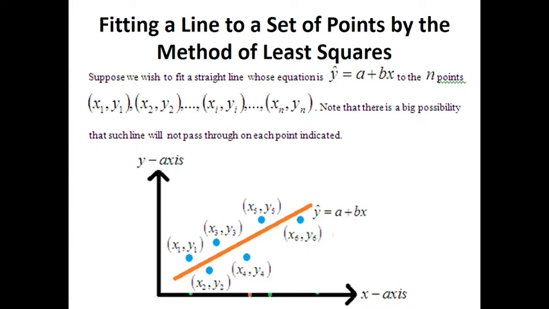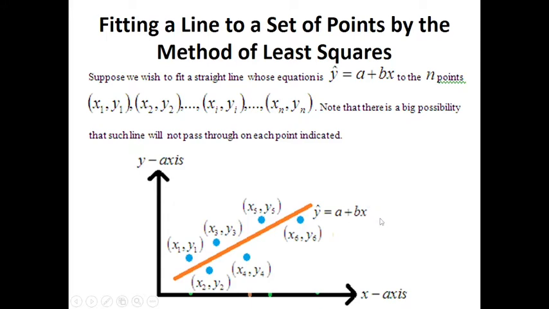So this is now the equation of the line that will be obtained using the method of least squares, which is read as y hat equals a plus bx.